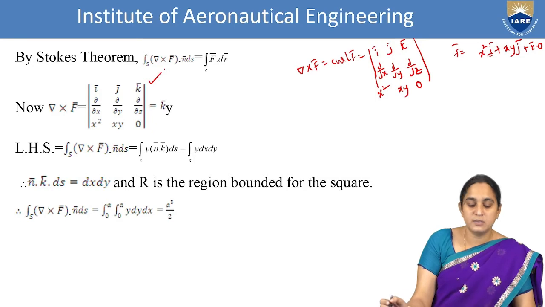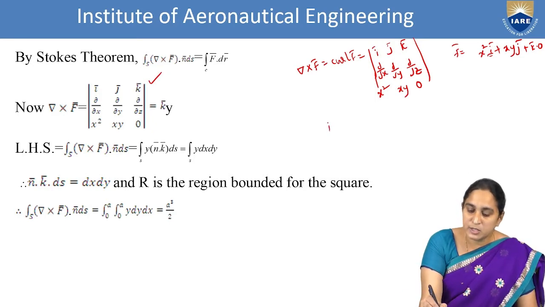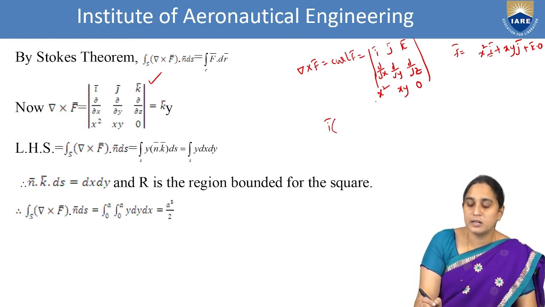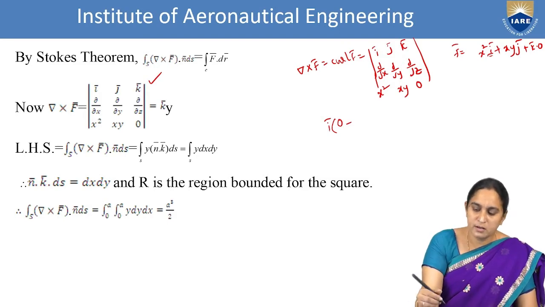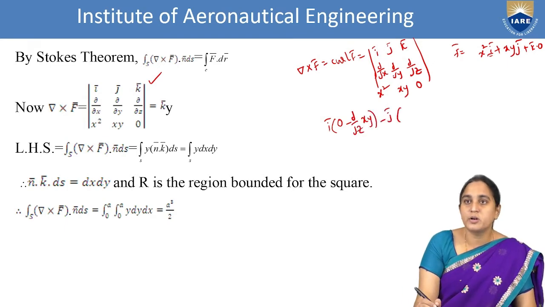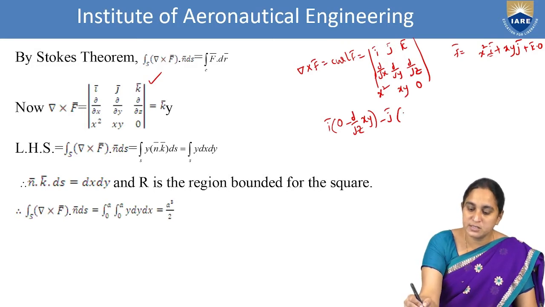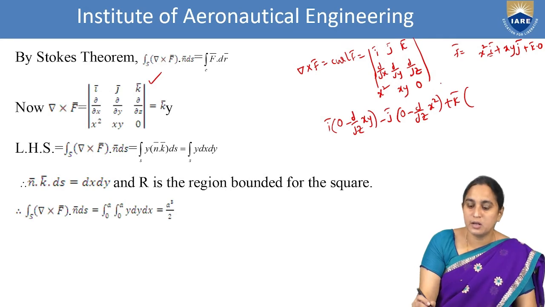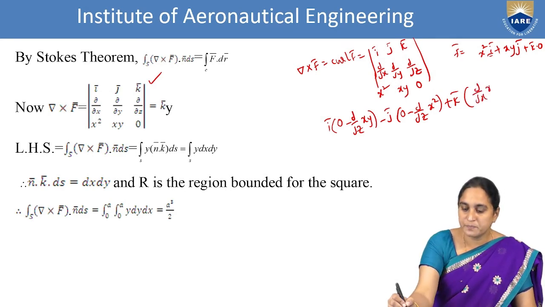Now find the determinant of the curl f bar. That is i bar into, neglecting the corresponding row and column, dou by dou y of 0 minus dou by dou z of xy, minus j bar into dou by dou x of 0 minus dou by dou z of x square, plus k bar into dou by dou x of xy minus dou by dou y of x square.